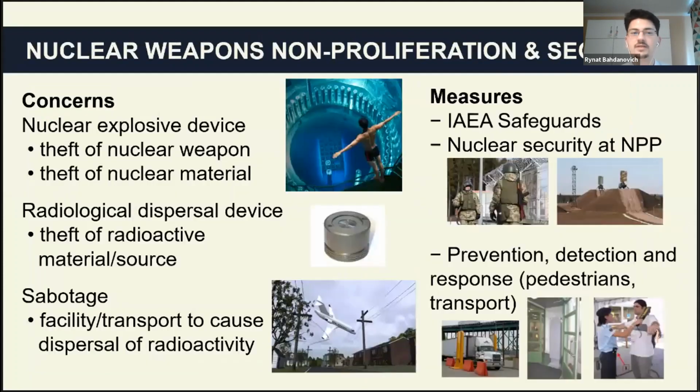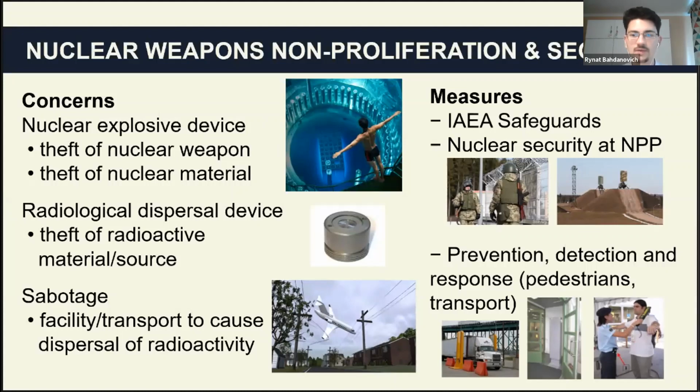There are several concerns relative to nuclear weapons proliferation and security. First of all, there is the threat of nuclear weapons or creation of nuclear explosive devices from nuclear materials. Of course, nuclear weapons should be highly secured, and it is the prerogative of nuclear weapon states.